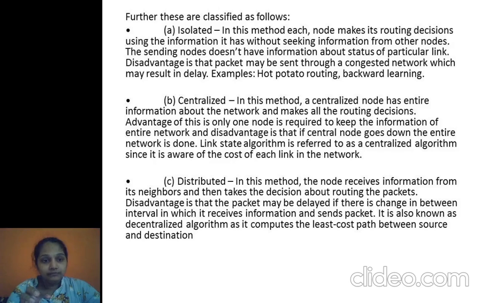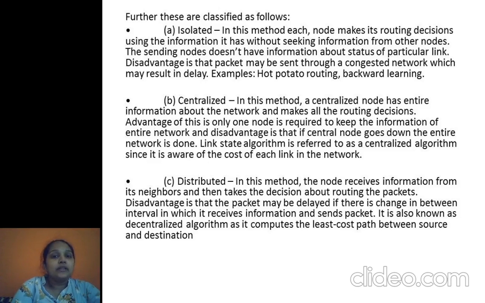Only one centralized node has every piece of network information, and only that node takes the routing decision. The advantage of this is that only one node is required to store information, but the disadvantage is that if that node goes down, the entire network is down. So that was the disadvantage of the centralized method. The link state algorithm is referred to in the centralized method.